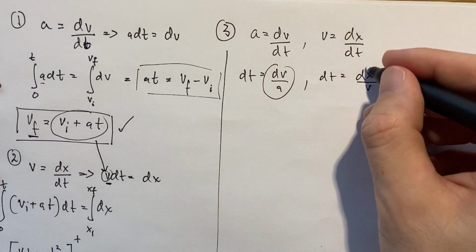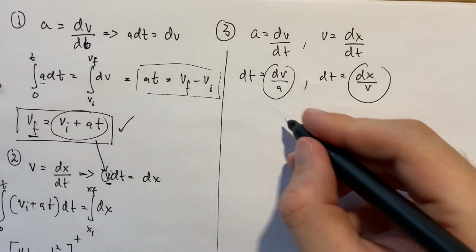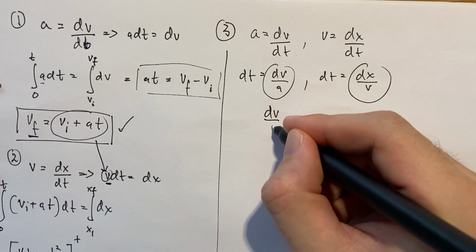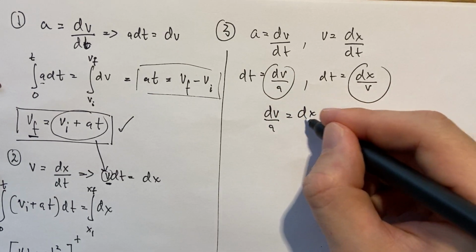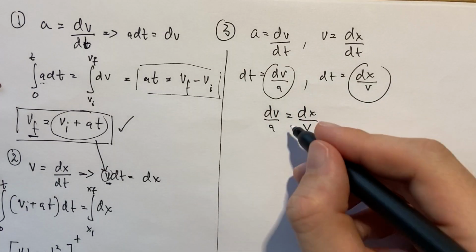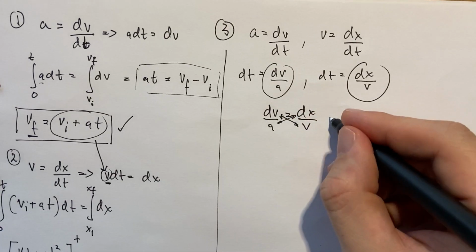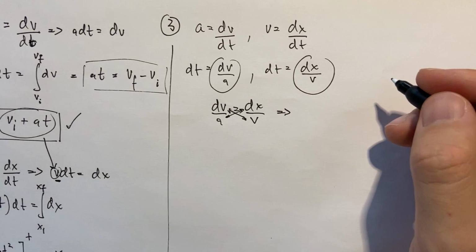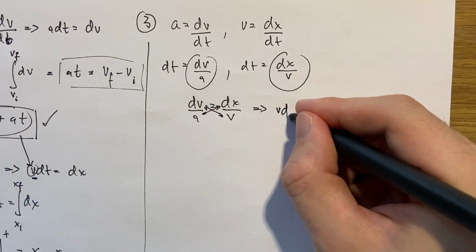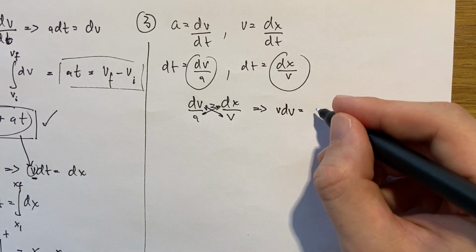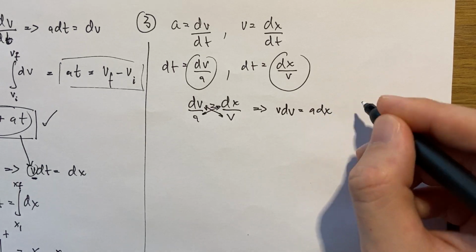So this equals this, right? dv over a equals dx over v. Let's go ahead and cross multiply. This will give us v dv equals a dx.